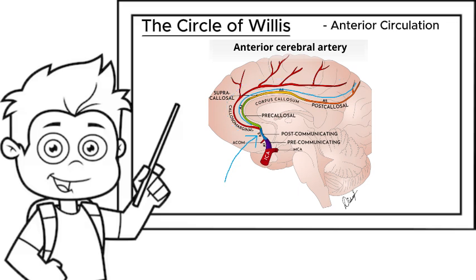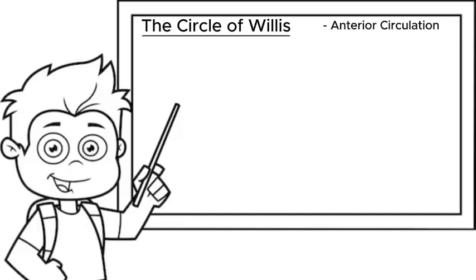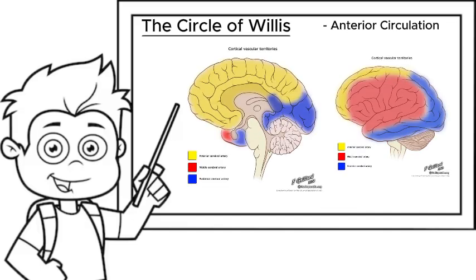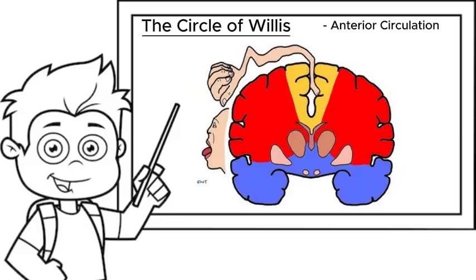The pericallosal artery runs along the corpus callosum, while the calloso-marginal artery courses within the cingulate sulcus. The anterior cerebral artery supplies the medial portion of the frontal lobes and the superior medial parietal lobe, including the leg area of the motor and the sensory cortex.